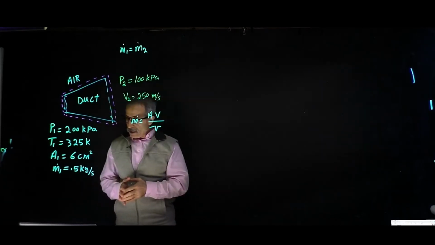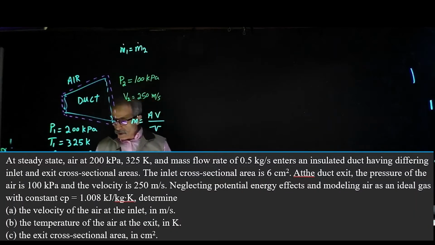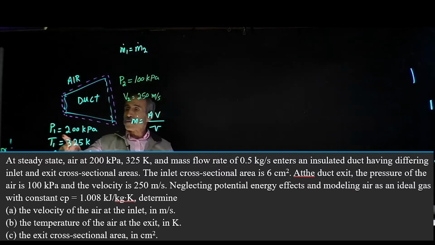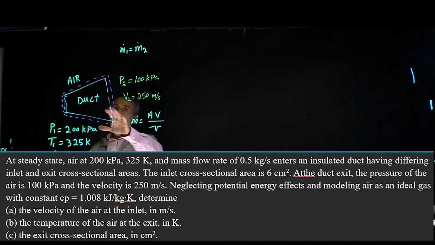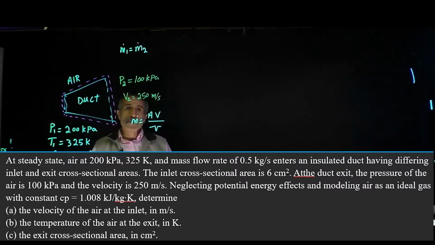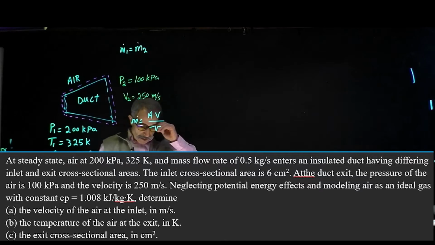The problem states at steady state, we have this air duct where the air enters at a pressure of 200 kilopascal and a temperature of 325 Kelvin, the entrance area is 6 centimeters squared, and the mass flow rate is 0.5 kilogram per second. The exit pressure is 100 kilopascal and the velocity is 250 meters per second.